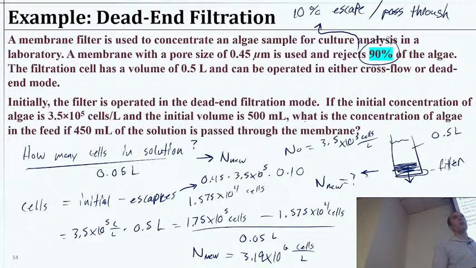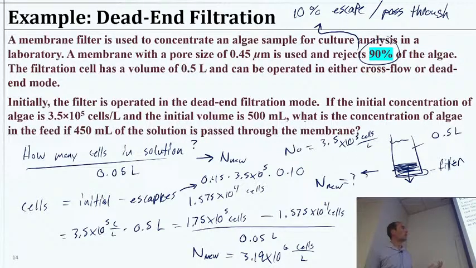We took almost the whole half liter, passed it through, and it's keeping almost all of the cells. So without thinking any harder, we might say we removed 90% of the water and kept almost all the cells. We should have about 10 times the concentration. A little bit of loss, and we didn't do all the water, but we got rid of 90% of the water, so it should be about 10 times.